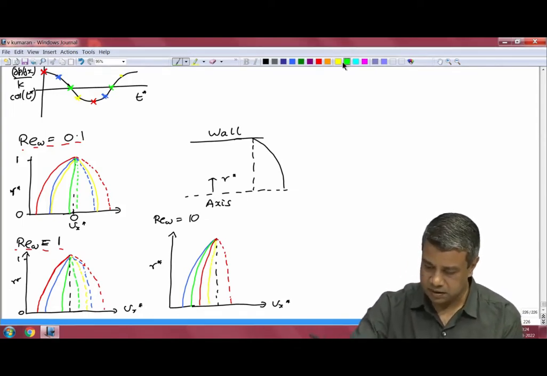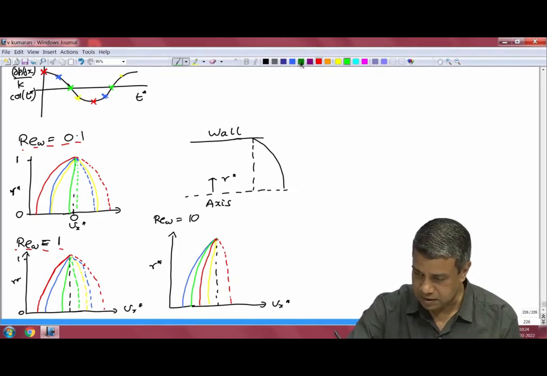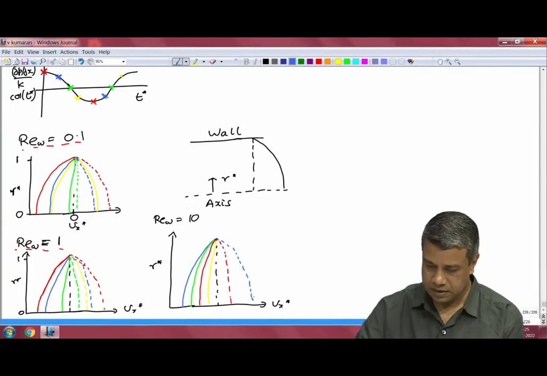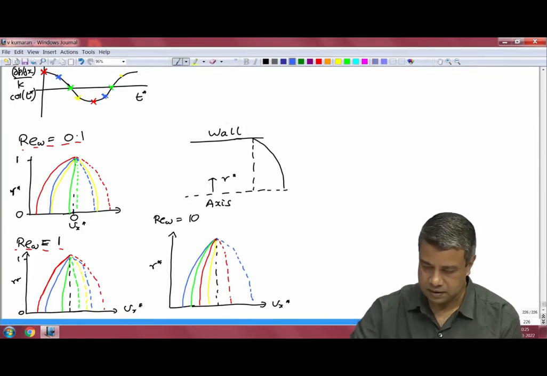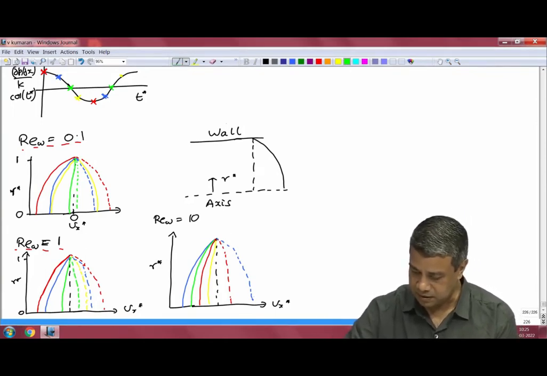And then this cycle repeats itself. At the blue point, it is close to its maximum on the other side. And then it retracts once again. It comes back at the green point. And then at the yellow point, it looks something like this.